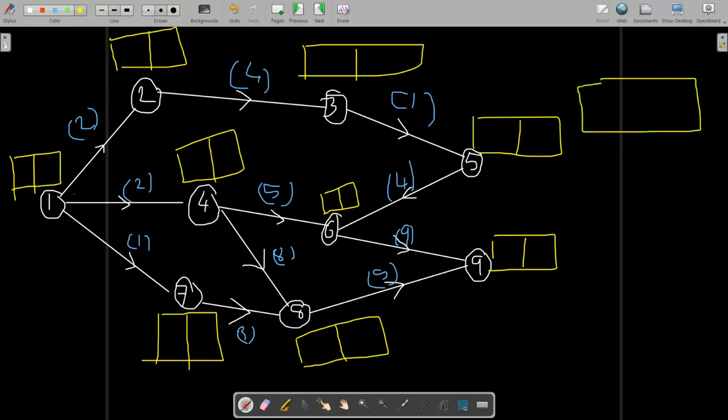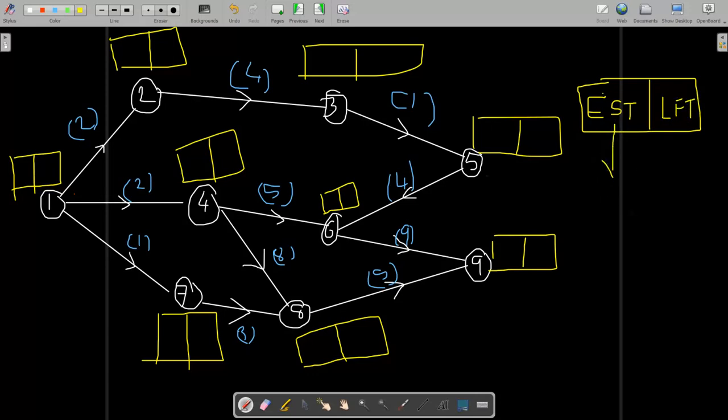Just remember one thing: in the leftmost column, you have to write the earliest starting time, that means how early we can start the activity, and the latest finish time, that means the time by which we can finish the activity.